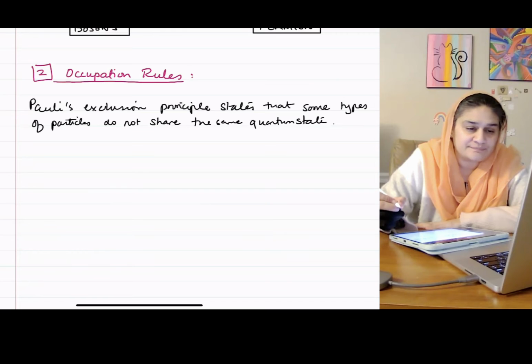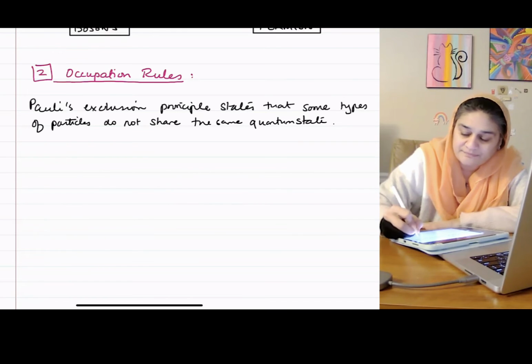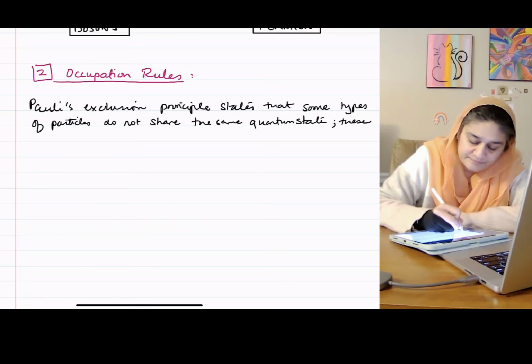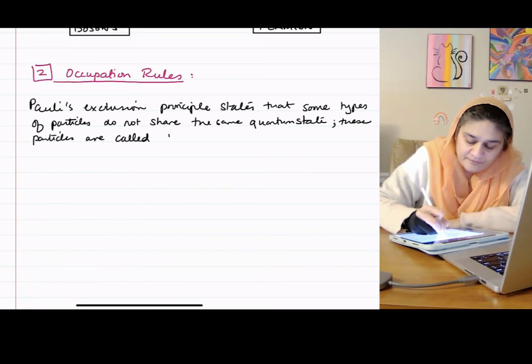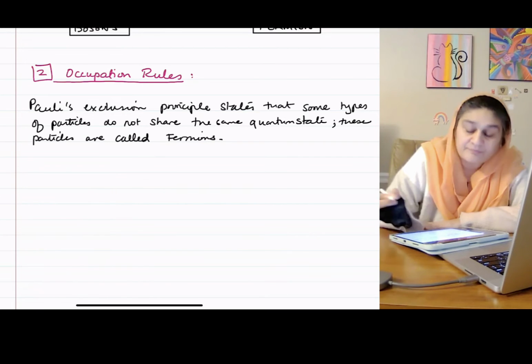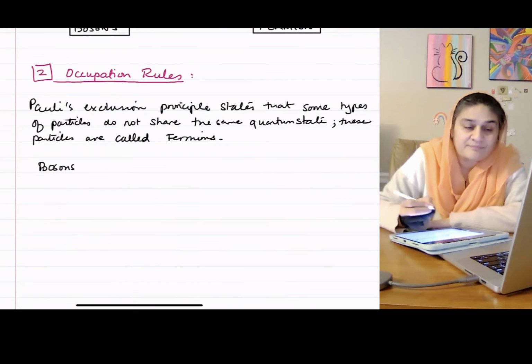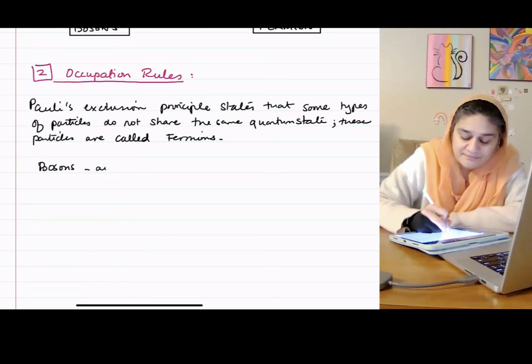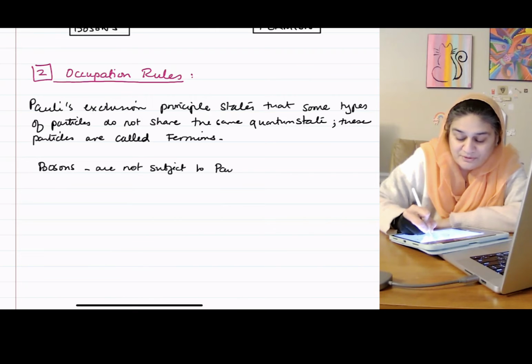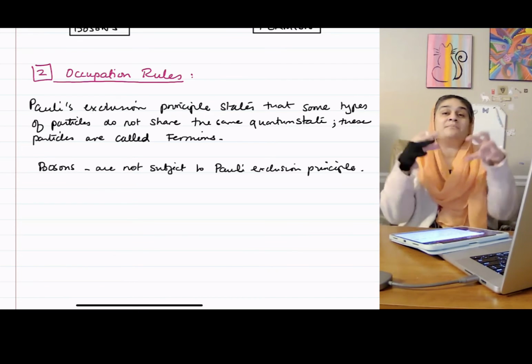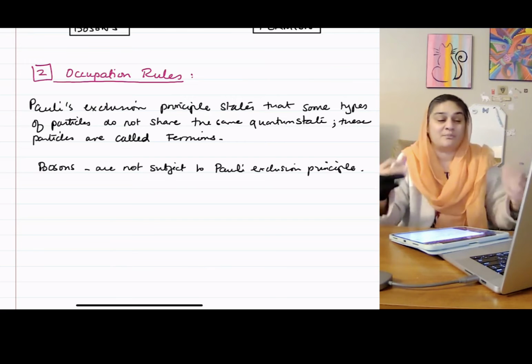Those particles are called fermions. Whereas other particles called bosons are not subject to Pauli's exclusion principle. Basically, you can put many particles in the same quantum states if they are bosons.